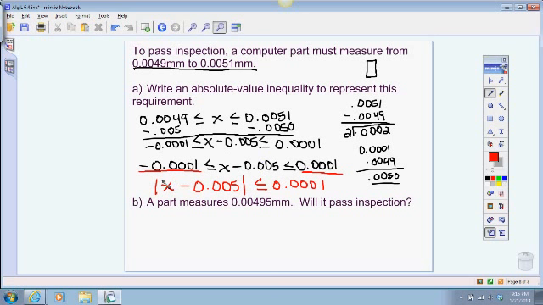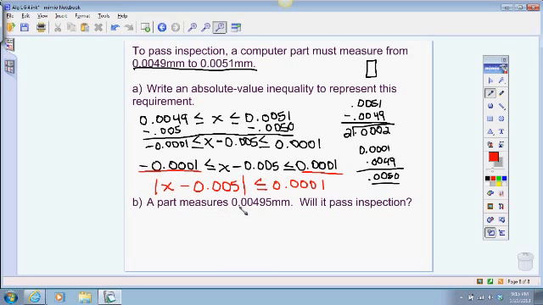Then we can write our absolute value. Why would you want to do that? Why can't you just say, is it between our two original numbers? Well, now that we have an inequality, we're able to much easier see whether a part passes inspection, like in part B here.